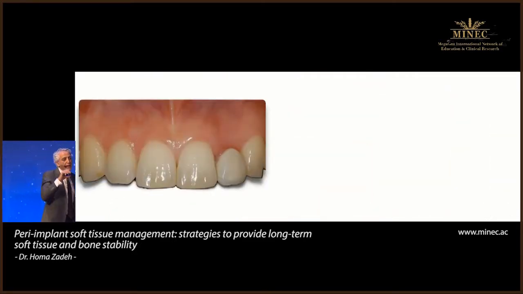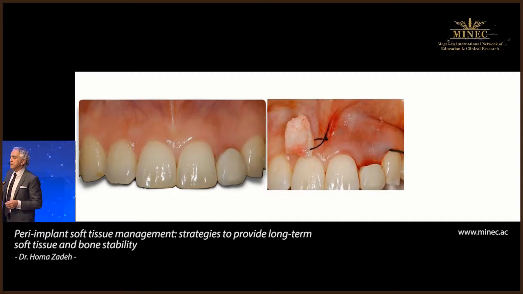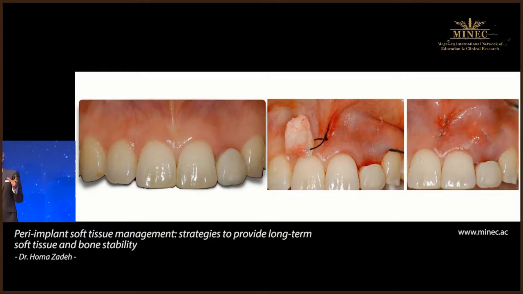So you could see that in this case, the pontic was sitting on top of the tissue, which is very unaesthetic. Making a vestibular incision, subperiosteal tunnel, taking a very small piece of connective tissue from the tuberosity and using a lasso technique to bring it in.